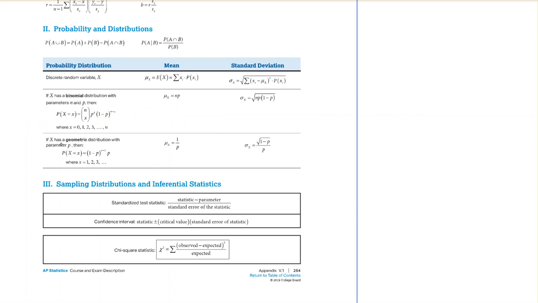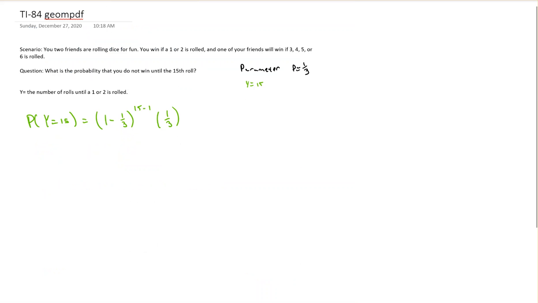As you can see, the formula for the geometric probability at a point is right here. But sometimes it will be a little more difficult to do by hand. Here it's pretty easy, and I'd recommend doing it by hand, but it won't always be. If it's not easy, we are going to need to use our calculator.